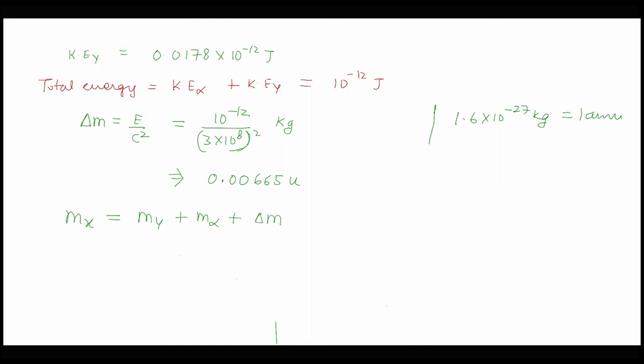That was the idea why we calculated the value of energy and then the mass equivalent, so that we can calculate the mass of X. So if we put the values, we can write it as 223.61 plus 4.002 plus 0.00665, and the value will be obtained in AMU. So we get a value of 227.62 U. So this is going to be the answer for this particular problem.